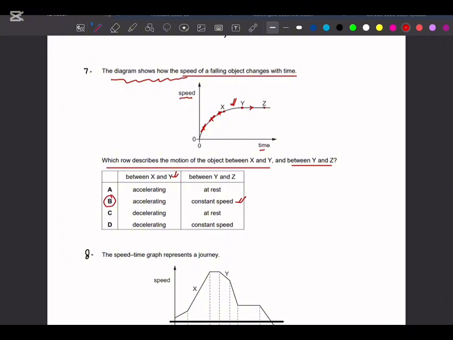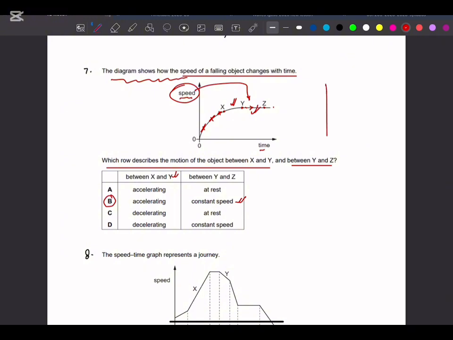Be careful that in a speed time graph, this part is not showing you that the body is at rest, but that the body is moving with constant speed. So it is very important to remember the difference between the distance time graph and the speed time graph.